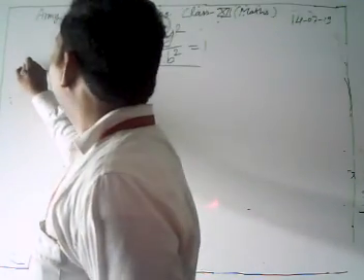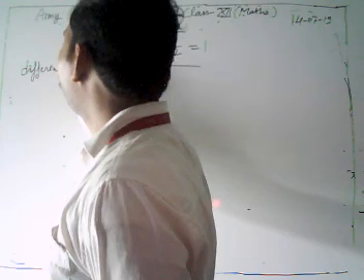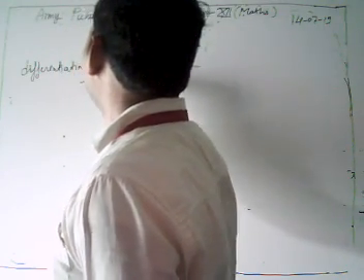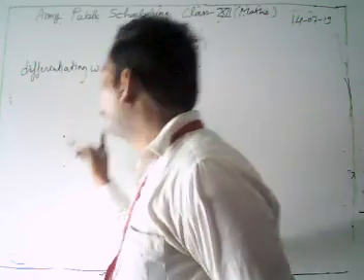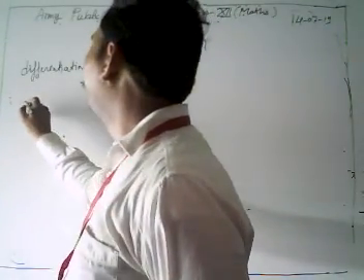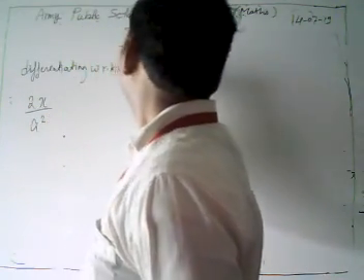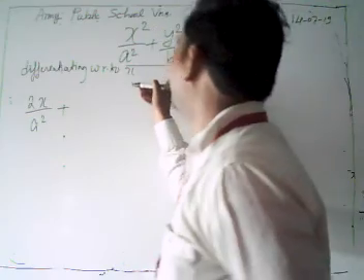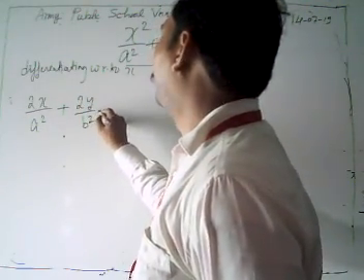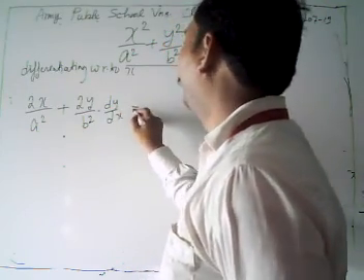Then we start differentiating with respect to x. What do we get? 1/a² is a constant, so we have 2x/a². Here b² is constant, so we get 2y/b² times dy/dx using our chain rule, and the constant is 0.